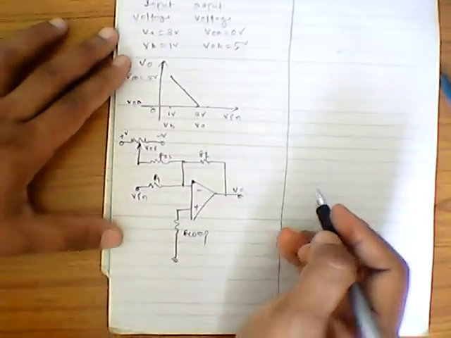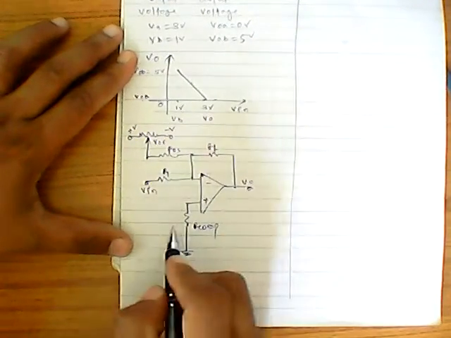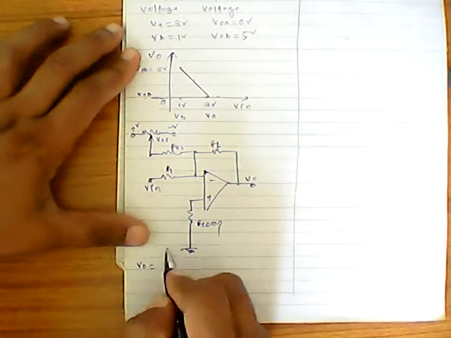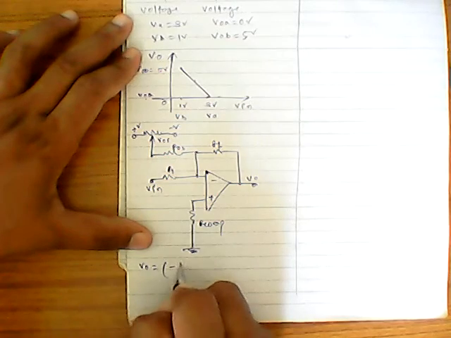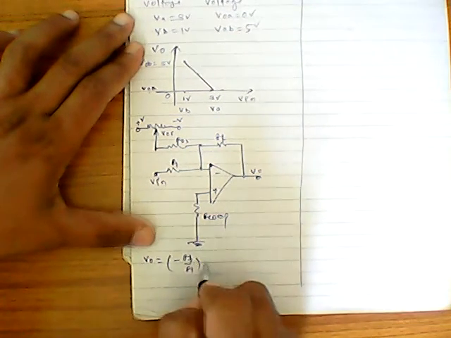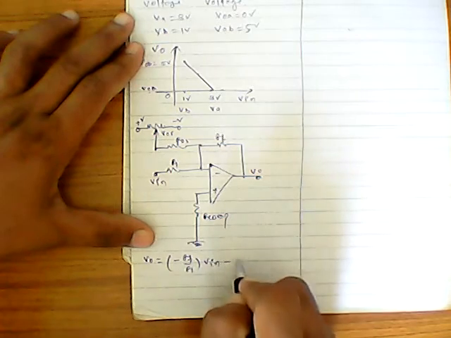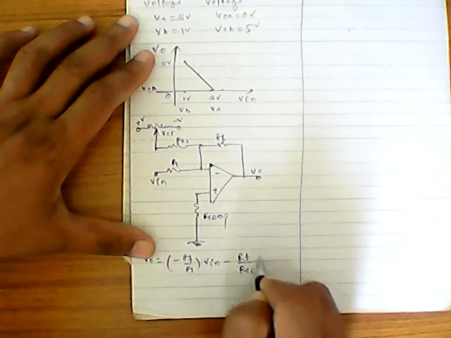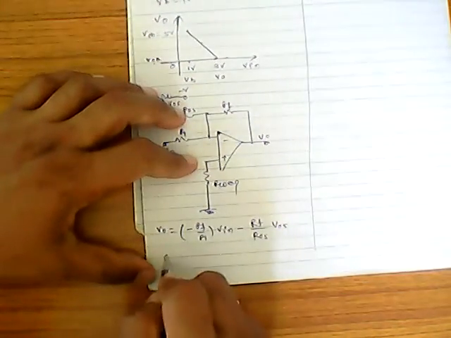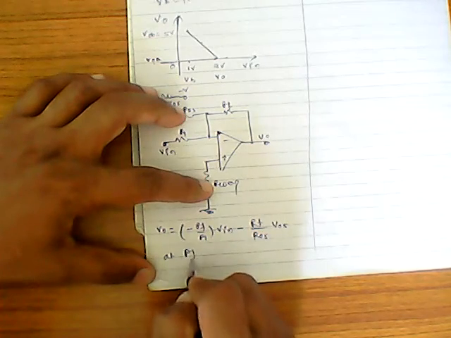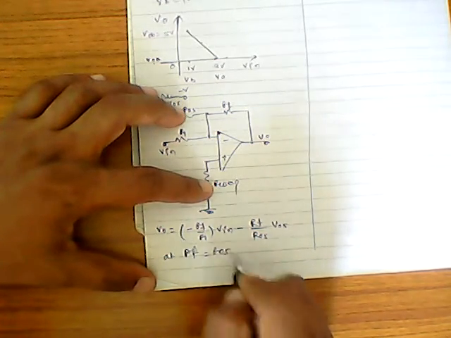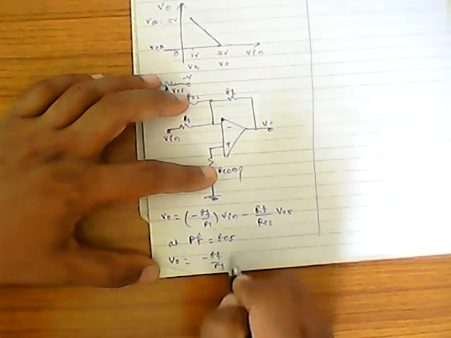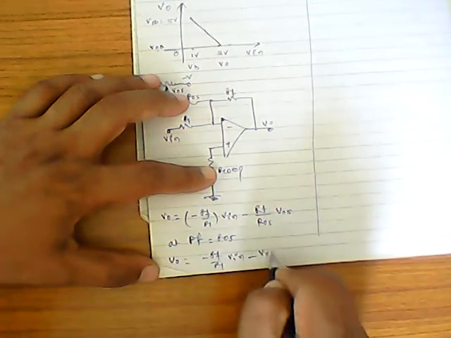If we are getting the characteristic equation for this particular circuit, we will get the equation like VO is equal to minus RF by R1 into V minus RF by ROS into VOS. At RF is equal to ROS, the equation becomes VO is equal to minus RF by R1 V in minus VOS.